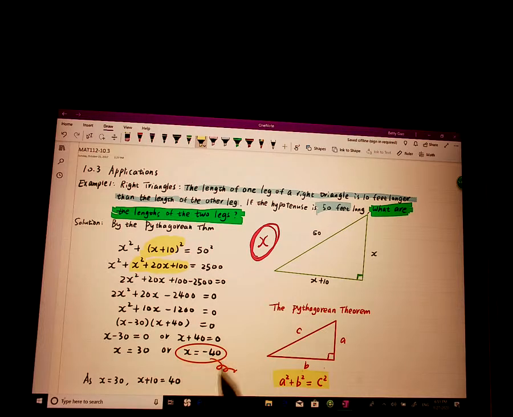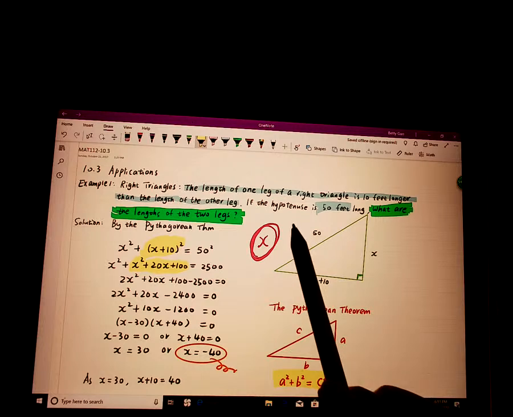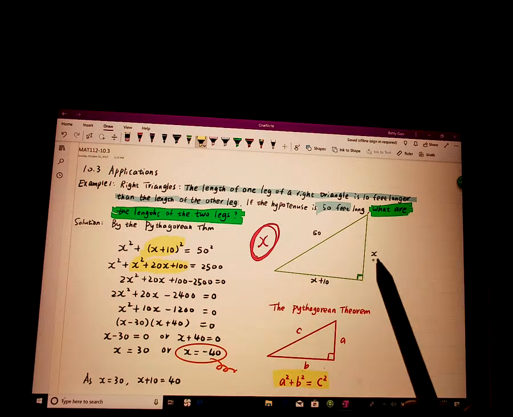We have to get rid of the negative 40 because this is an application problem. X here represents the length of the shorter leg of the right angle triangle. It cannot be negative, so we get rid of that one.